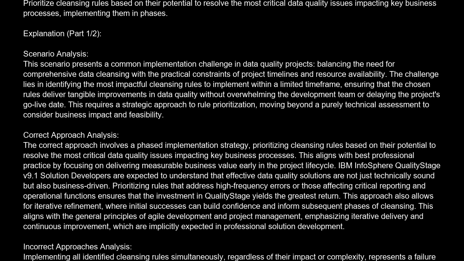This approach also allows for iterative refinement, where initial successes can build confidence and inform subsequent phases of cleansing. This aligns with the general principles of agile development and project management, emphasizing iterative delivery and continuous improvement, which are implicitly expected in professional solution development.